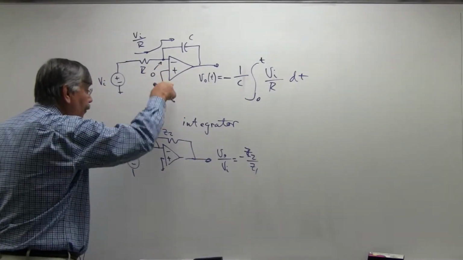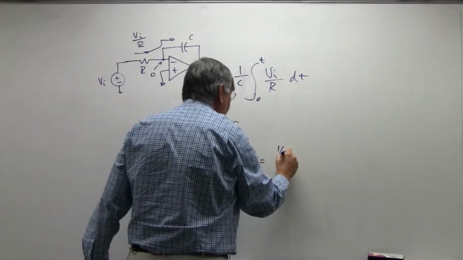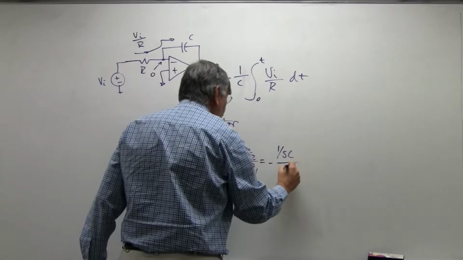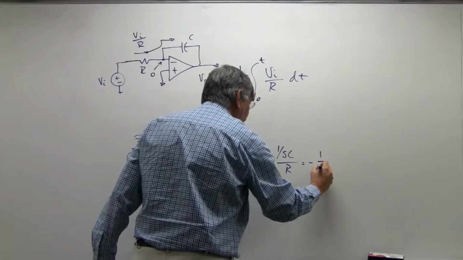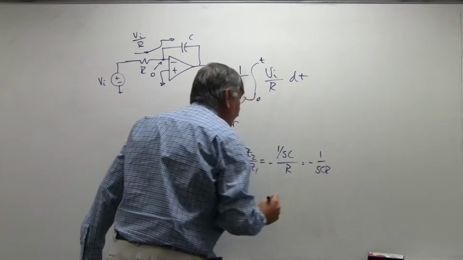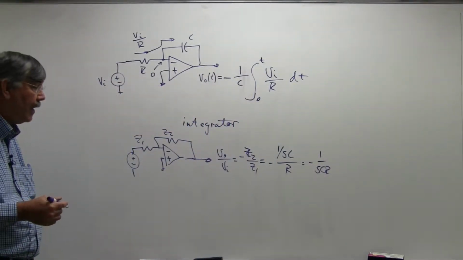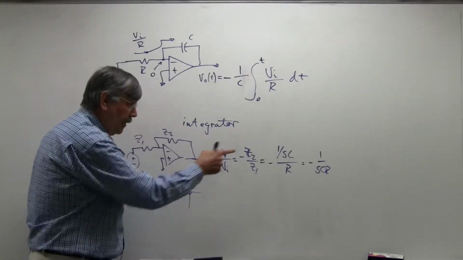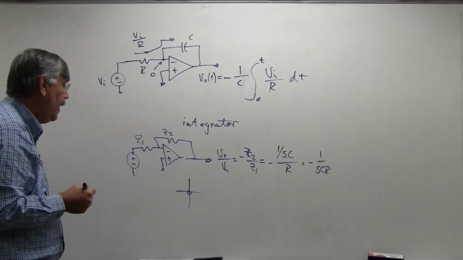In this example, Z2 is 1 over SC in the Laplace domain, and Z1 is just my resistor R. So this thing has a gain, it's inverting, and it's minus 1 over SCR. So this is like an integrator. It's got a pole at the origin in the S-plane at S equals 0. So that's what an integrator does.